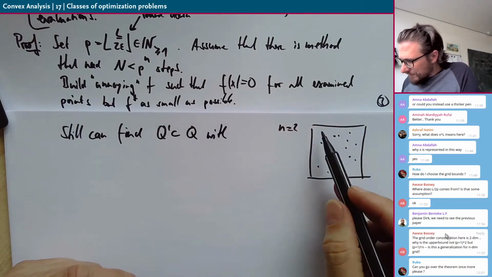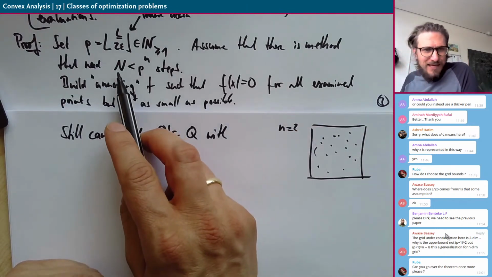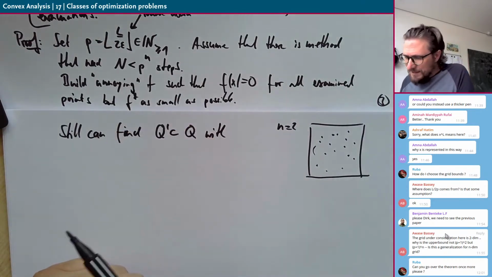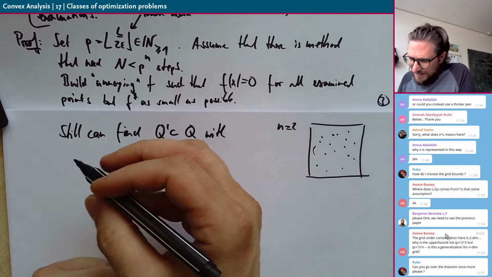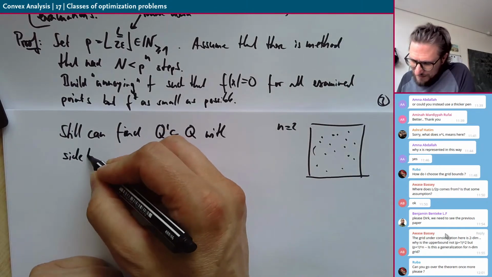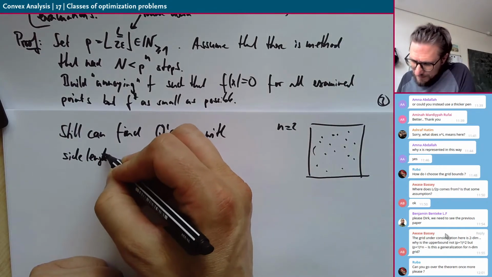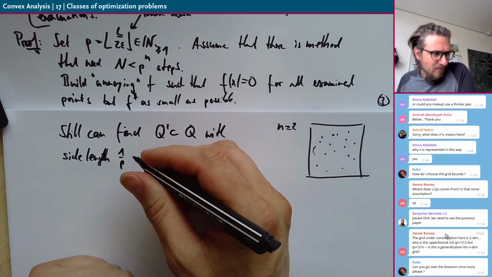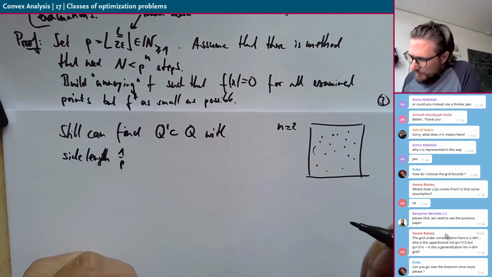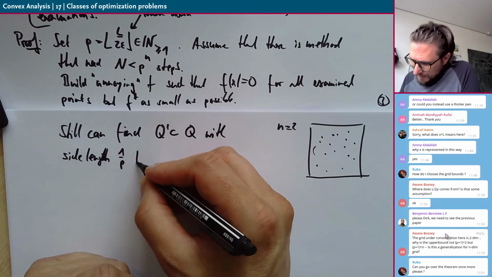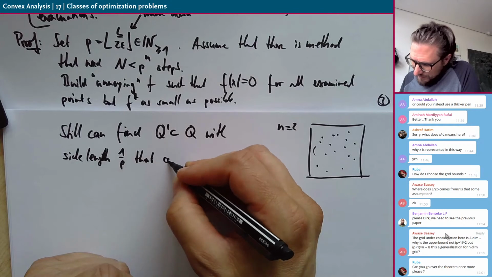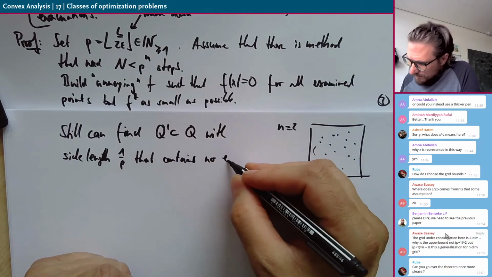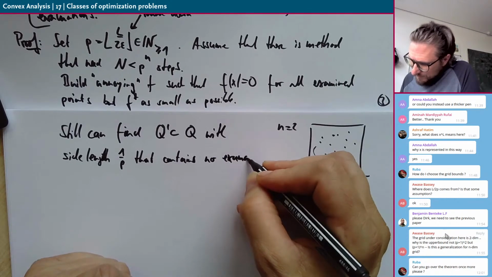Because there are only at most capital N points in here, and capital N is smaller than p to the n, there is still a cube Q prime with side length 1 over p that does not contain any of the evaluation points, that contains no examined points.